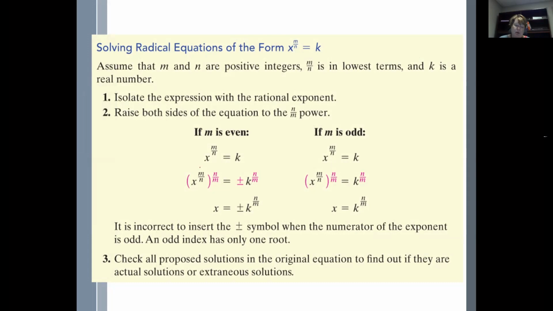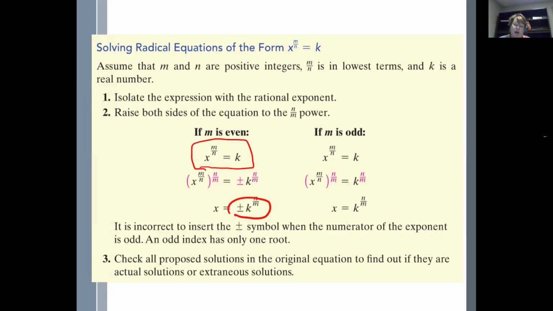So if we're solving x to the m over n equals some number k, when we raise both sides of that to the n over m, and m is even, you have to put a plus or minus in front of your solution, because both the positive and the negative will actually work in the original equation. If m is odd, you don't have to do that.